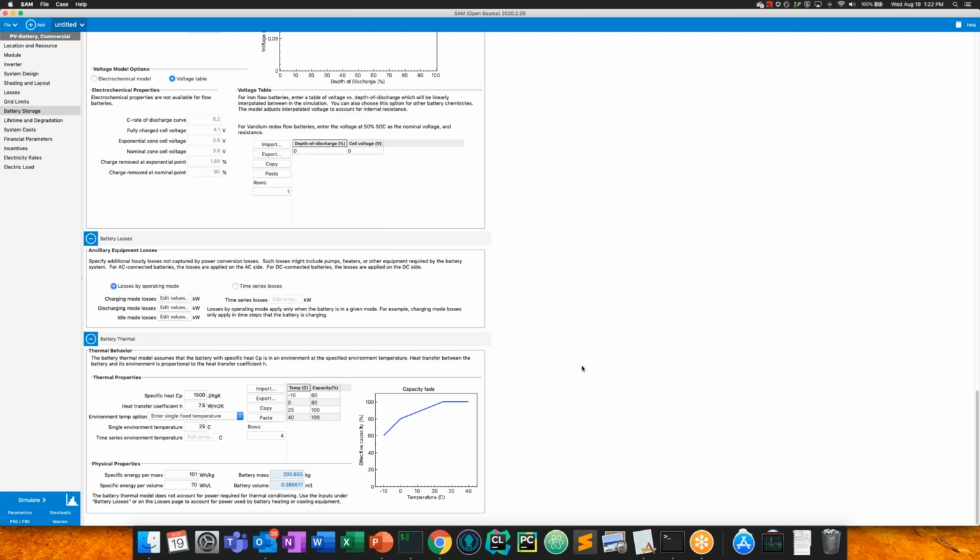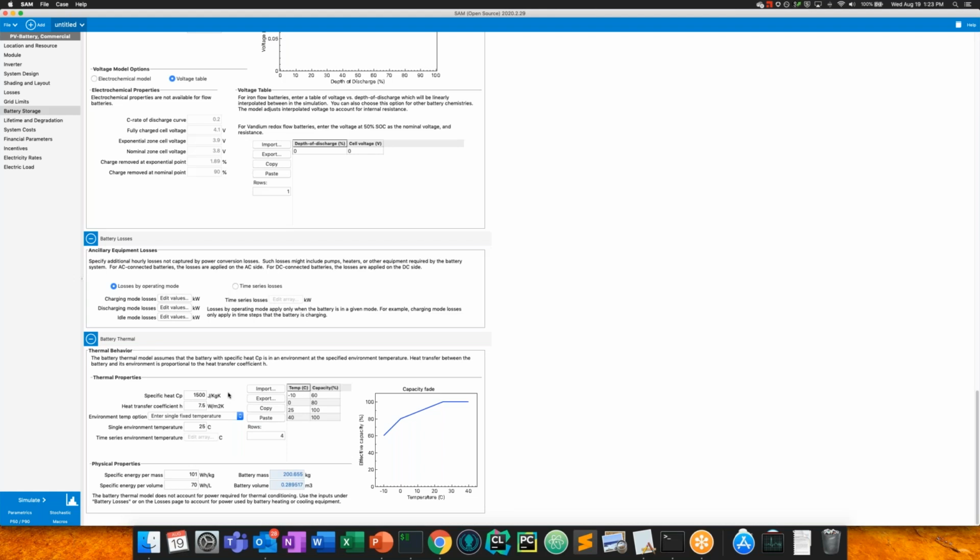The last component model is the thermal model. The battery thermal model assumes that the battery with specific heat capacity is in an environment at the specified environment temperature. Heat transfer between the battery and its environment is proportional to the heat transfer coefficient H. So some of the properties to this model is the specific heat capacity.